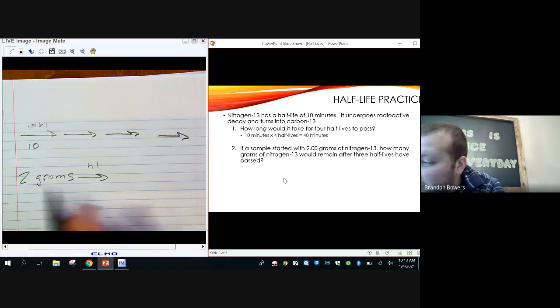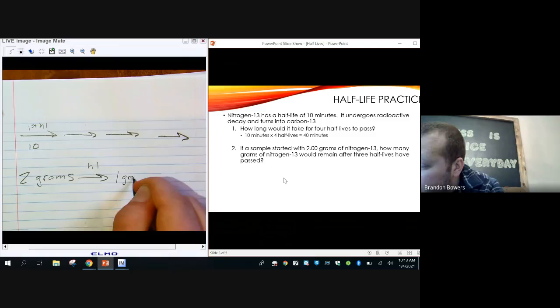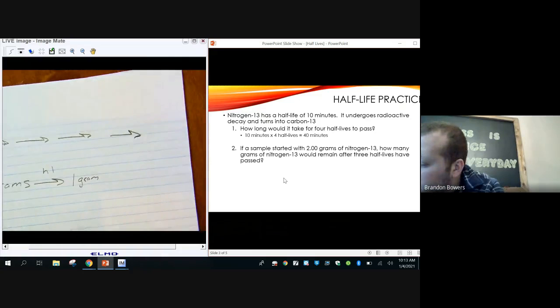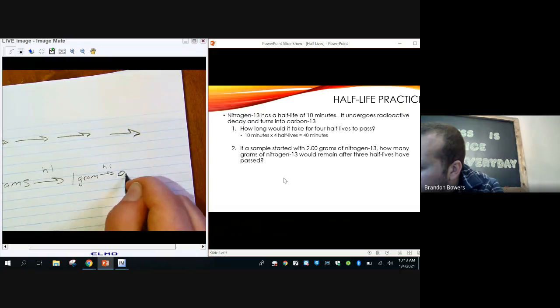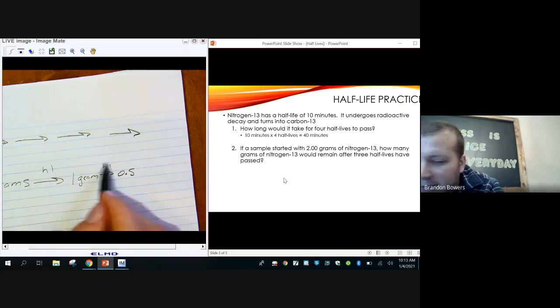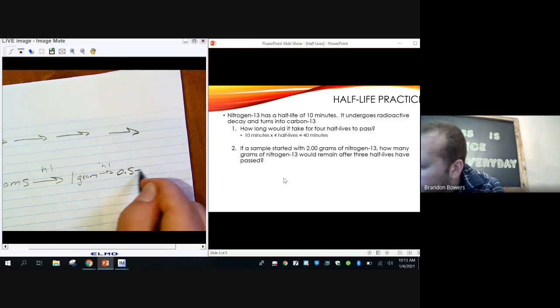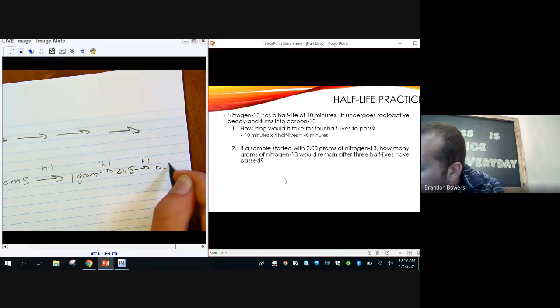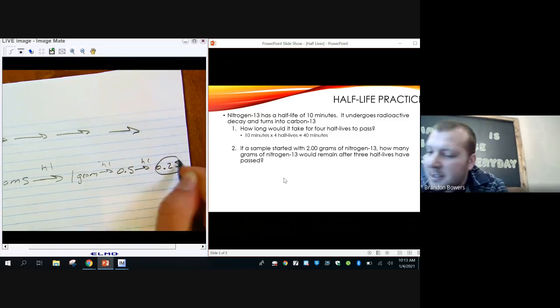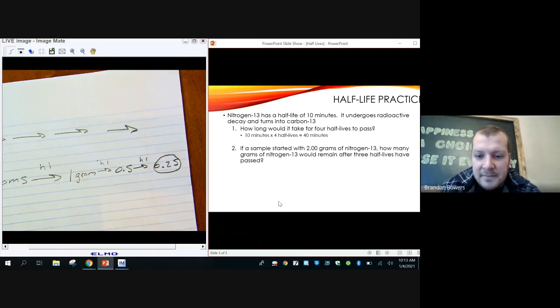Half of 2 would be 1. That's 1 half-life. Let's do another half-life. What's half of 1? 0.5. That's 2 half-lives. Let's do one more half-life, since the problem says 3 half-lives. What's half of 0.5? 0.25. And that should be your answer.